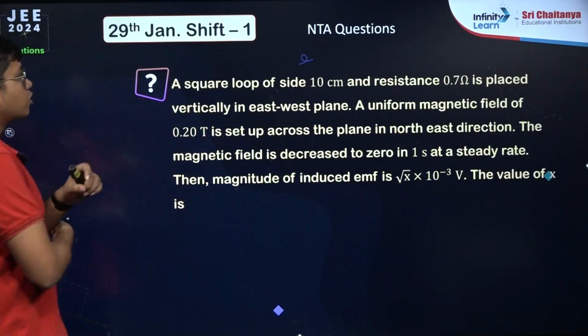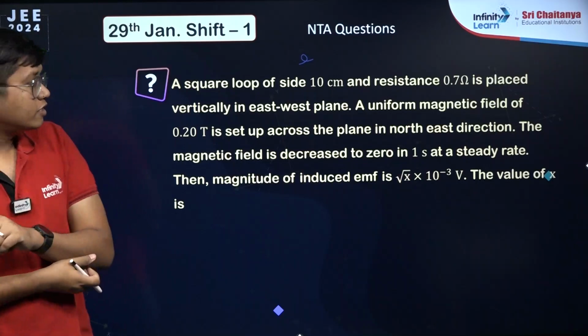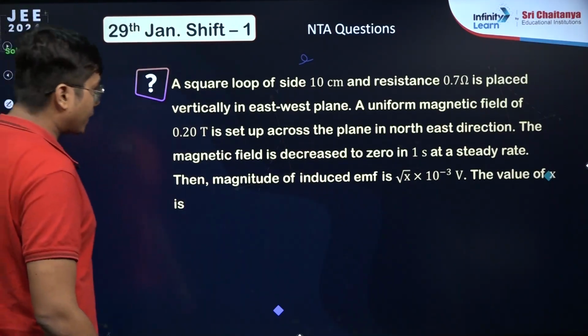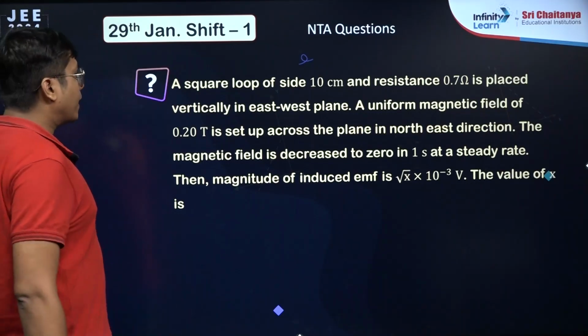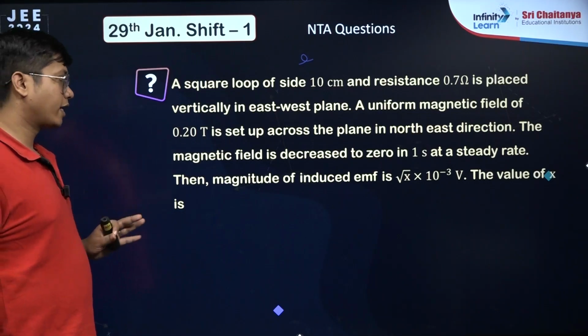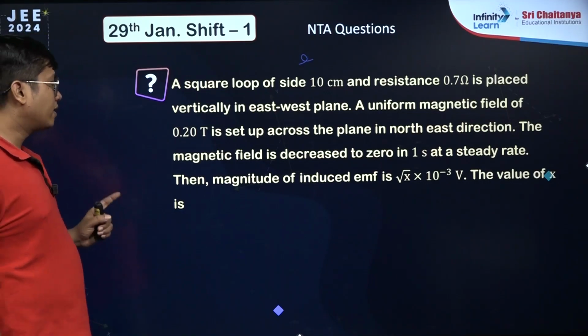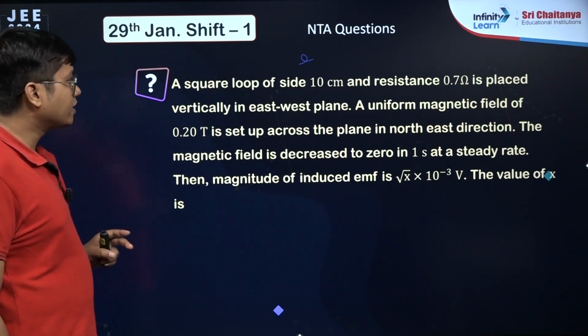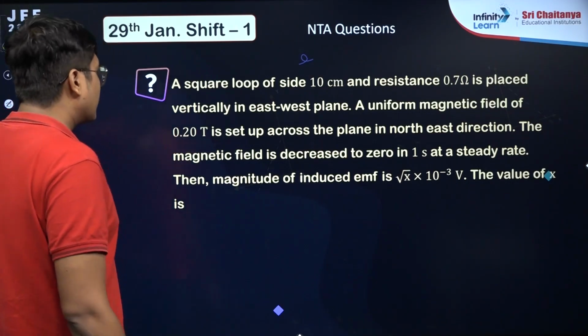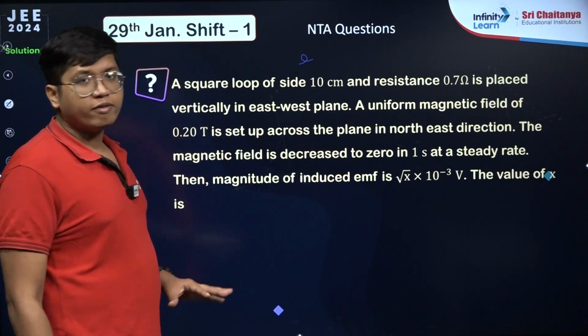Next question says that a square loop of side 10 cm, resistance 0.7 ohms is placed vertically in the east-west plane. Uniform magnetic field of 0.2 Tesla is set up across the plane in the northeast direction. The magnetic field is decreased to 0 in 1 second at a steady rate. Then the magnitude of the induced EMF is how much?